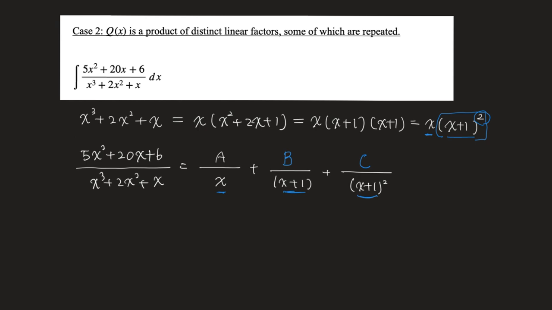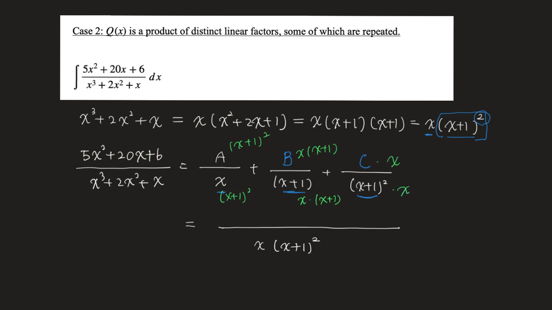Now, when you have this partial fraction decomposition, you have the least common denominator, x times (x + 1) squared. You multiply A by (x + 1) squared, B by x times (x + 1), and C by x. So be very careful with a degree 1 polynomial with double multiplicity, guys.